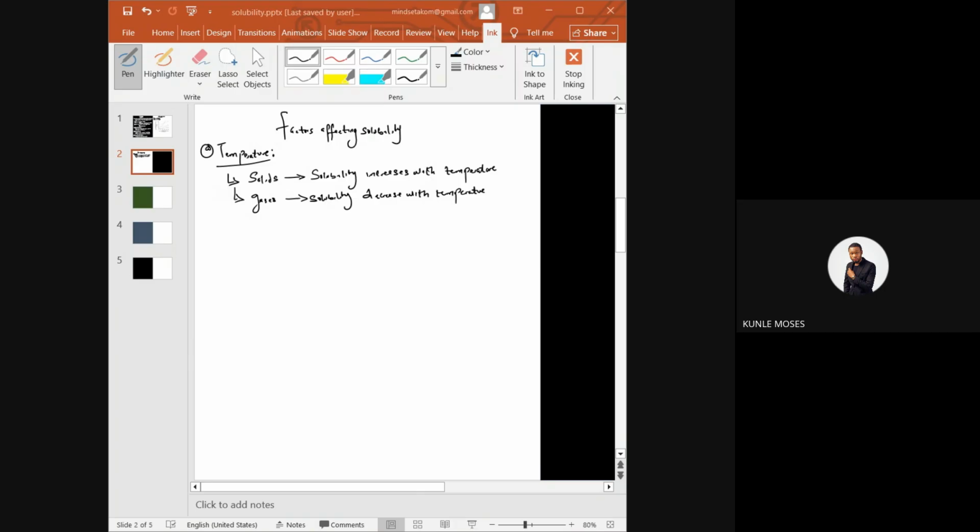Another one is the nature of solute and solvents. This one talks about like dissolves like.